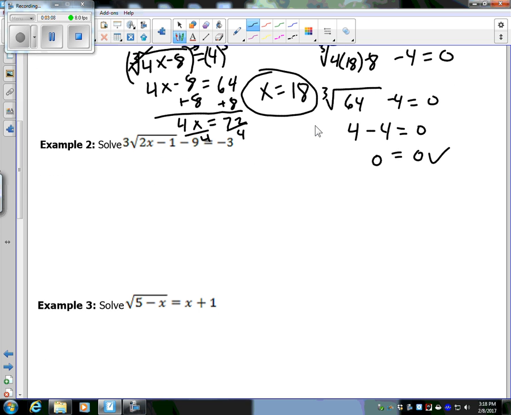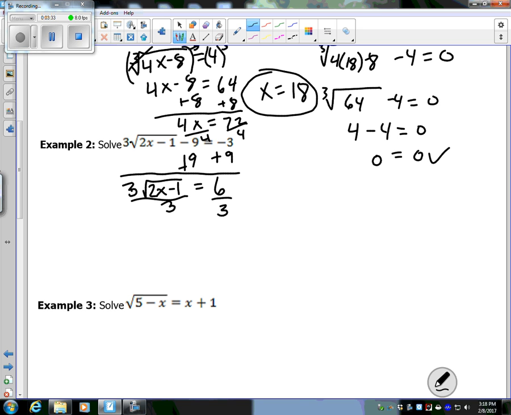Second problem. Here you have multiply by 3 on the outside and subtract 9. So do the reverse order of operations. So add 9. Add 9. So you have 3 times the square root of 2x minus 1 equals 6. Divide by 3.